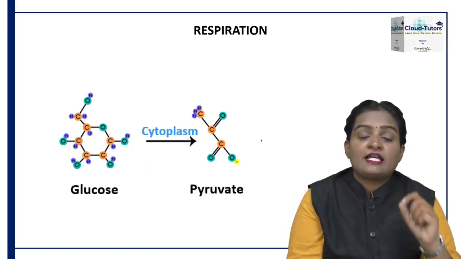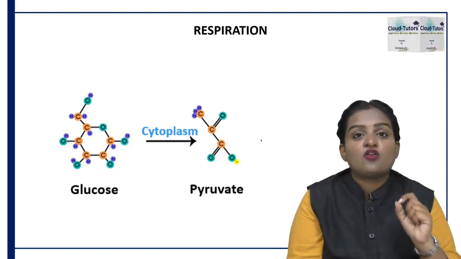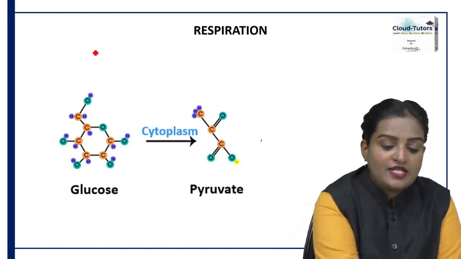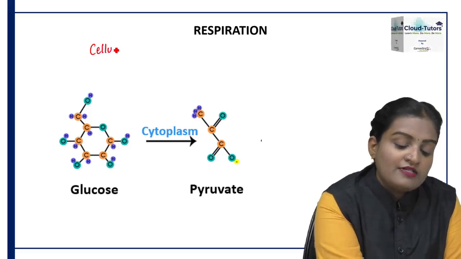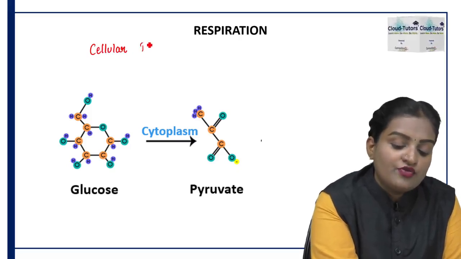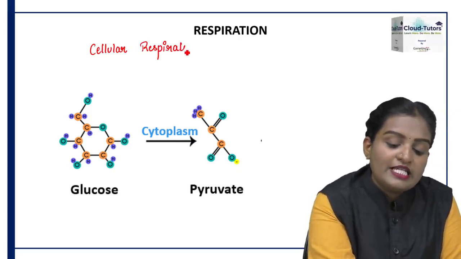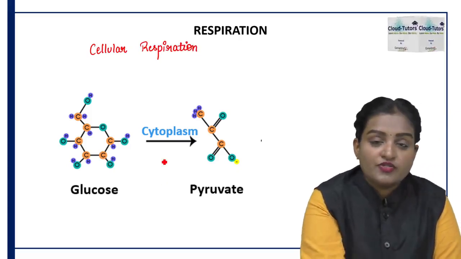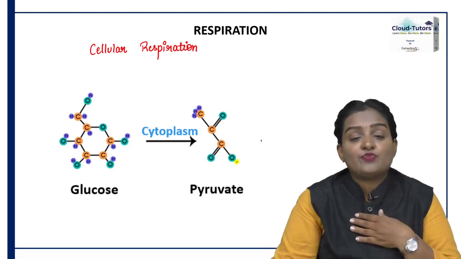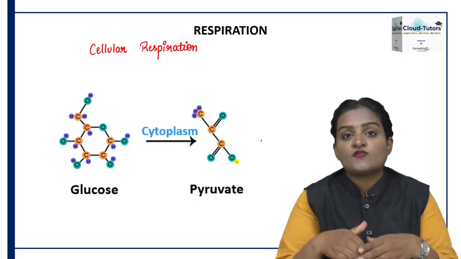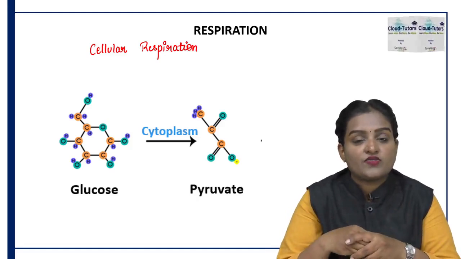Now if we see respiration, here we are talking about cellular respiration. We generally tend to confuse the term respiration with breathing. Breathing is a physiological process wherein our respiratory system takes in oxygen and gives out carbon dioxide.